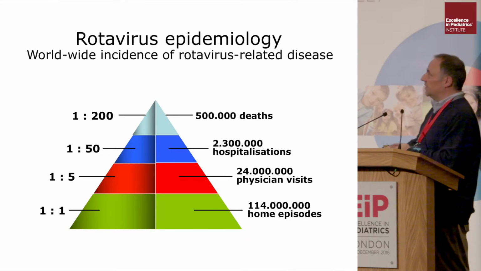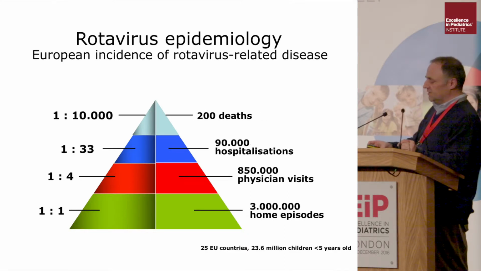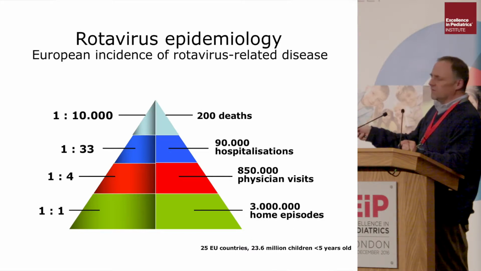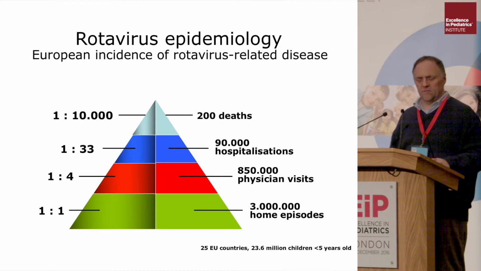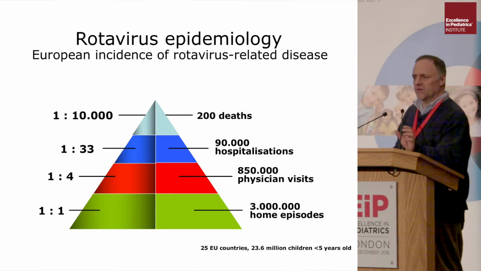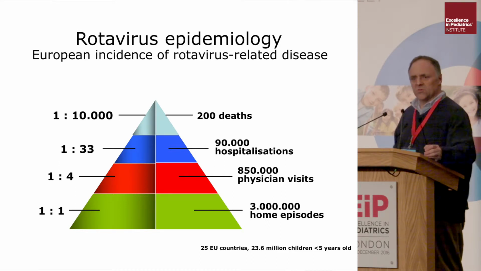When you look at the European region, the first part of the slide is exactly the same: 1 in 5, 1 in 50, but of course this is very different. 1 in 10,000 will die, and this is very often in the periphery of Europe. And when in Europe an infant dies because of a rotavirus infection, multiple things went wrong.